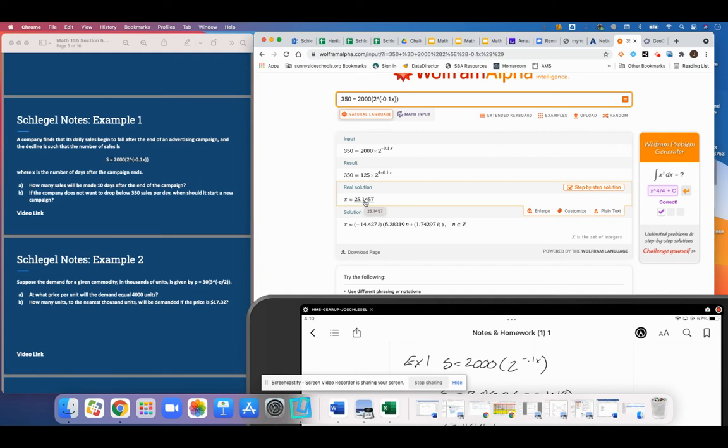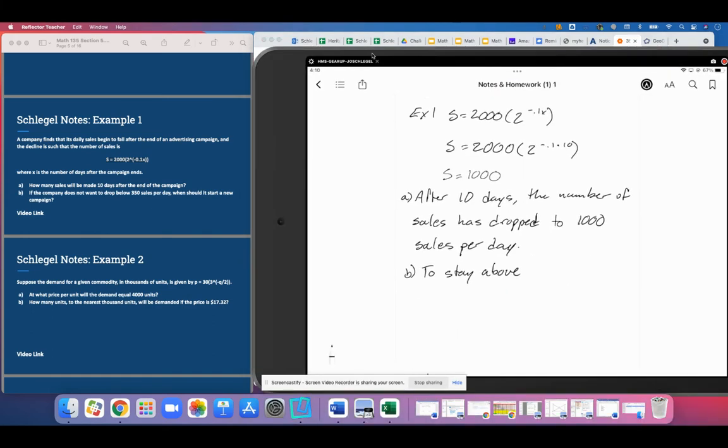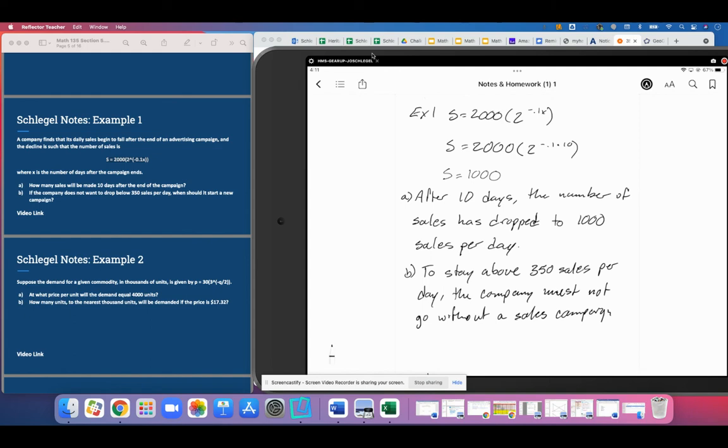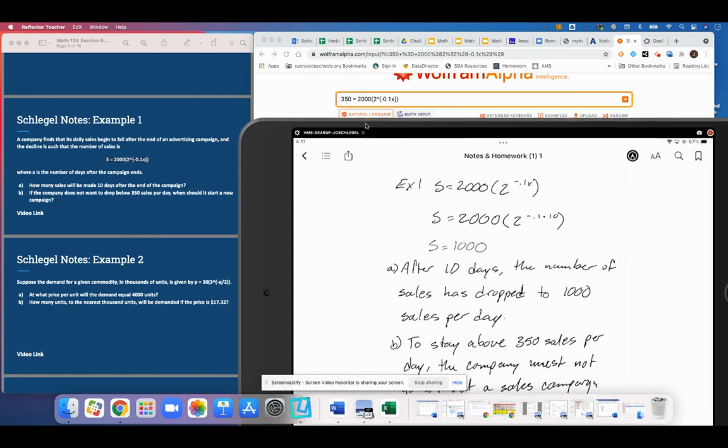To stay above 350 sales per day, the company must not go without a sales campaign for more than 25 days.